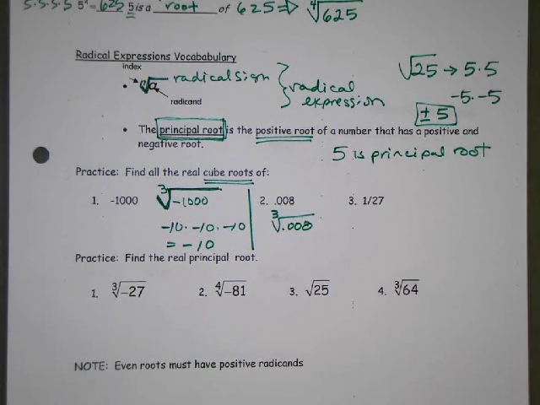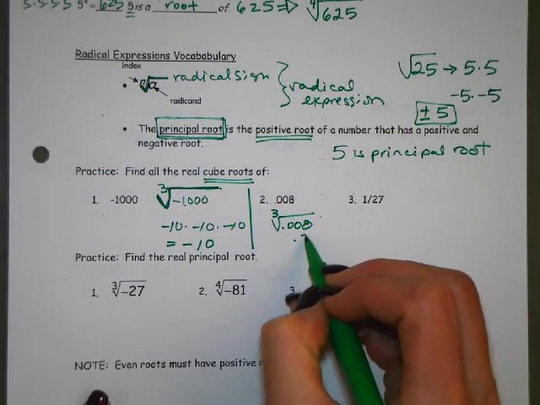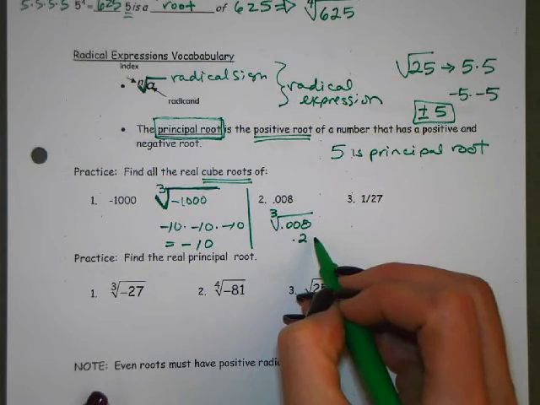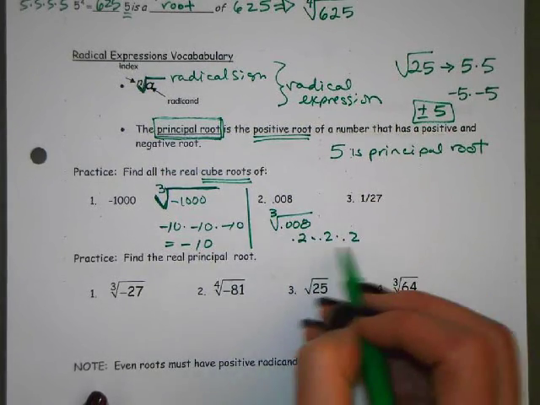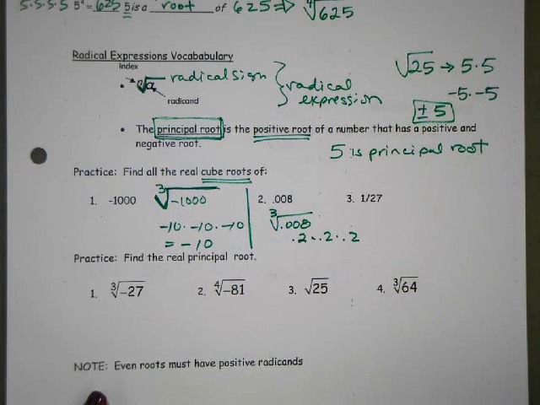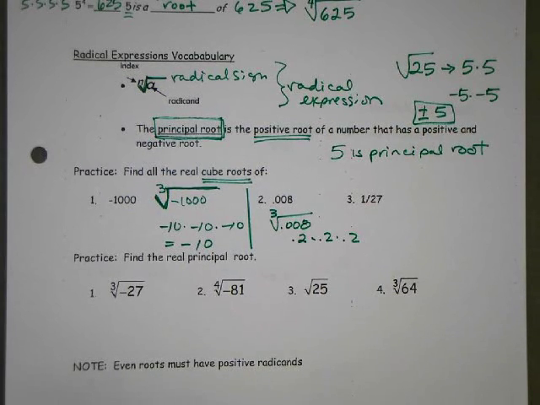It has to be 0.2. Okay. So 0.2 times 0.2 times 0.2 is going to get me the 0.008. Right? Does that make sense?